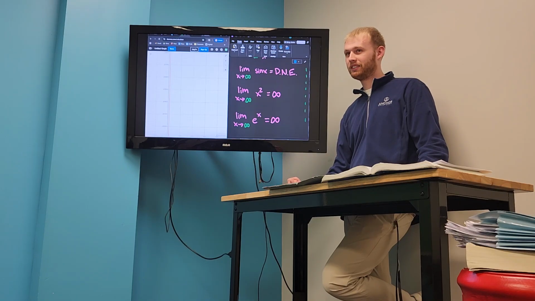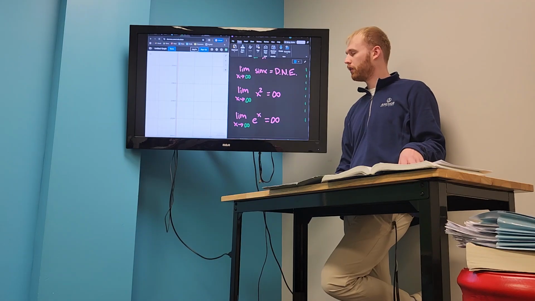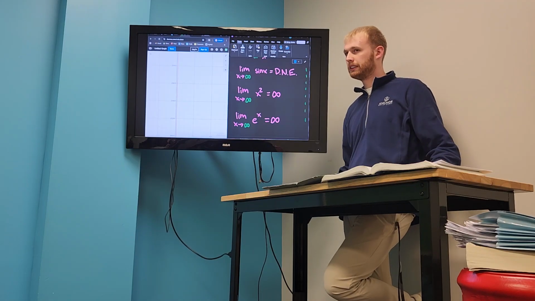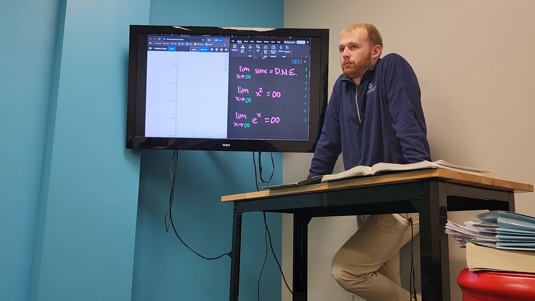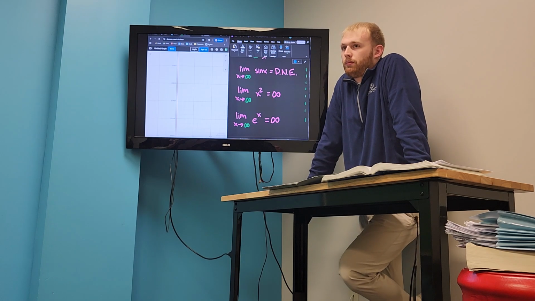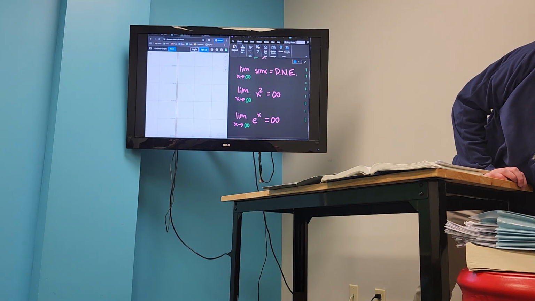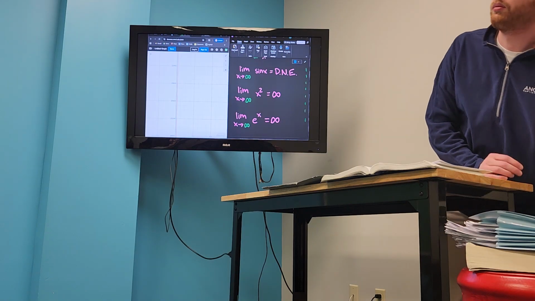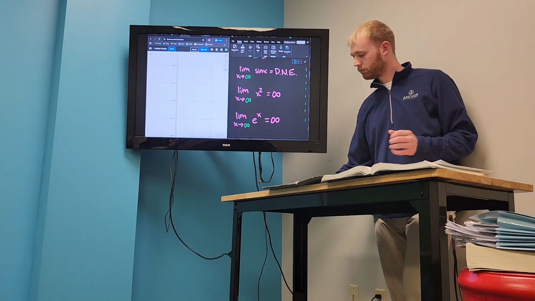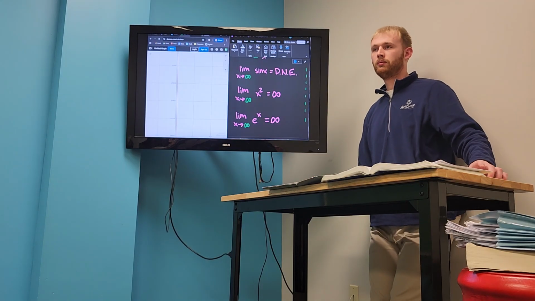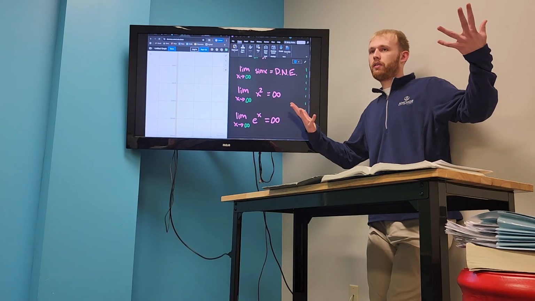What do you think? Could you find an x value for which e to the x is going to be 100? What if you say 100 equals e to the x? How'd you solve for x?